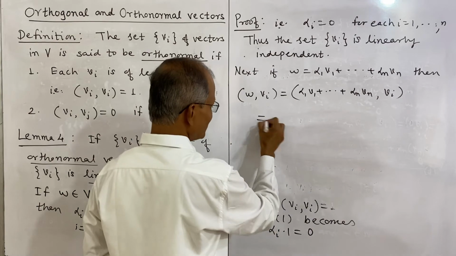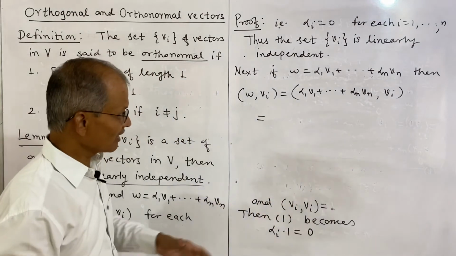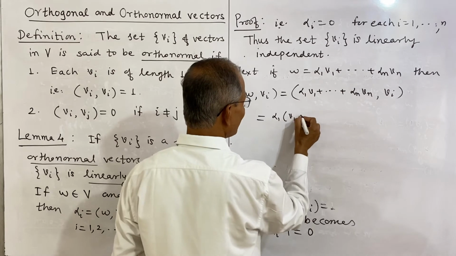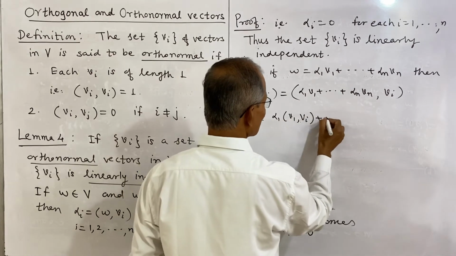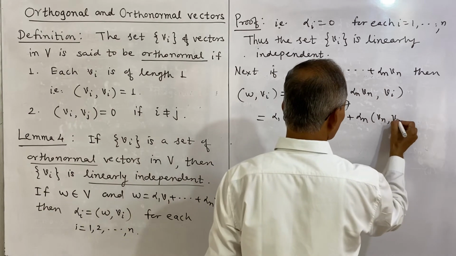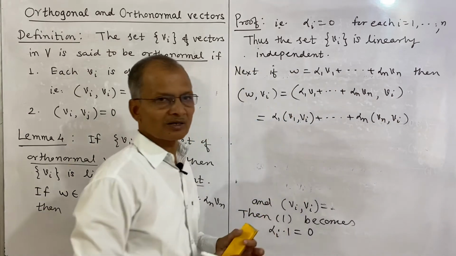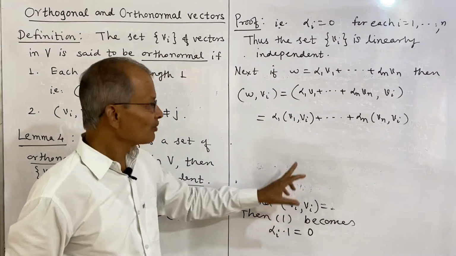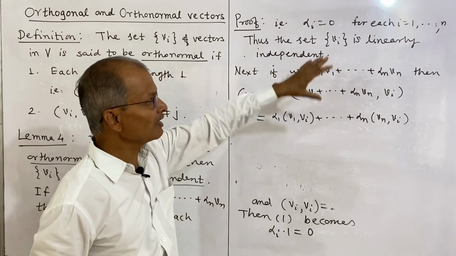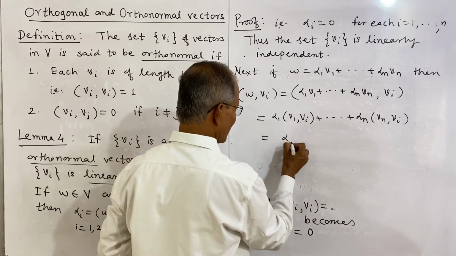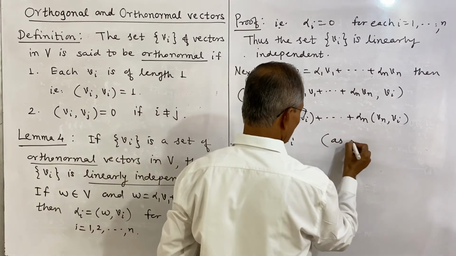We have expressed this inner product in the earlier part, and that is alpha 1 inner product of v1 and vi plus so on up to alpha n inner product of vn and vi. Now this will be alpha i into 1 as earlier, because these vectors are again orthonormal, and therefore this is equal to alpha i as earlier.